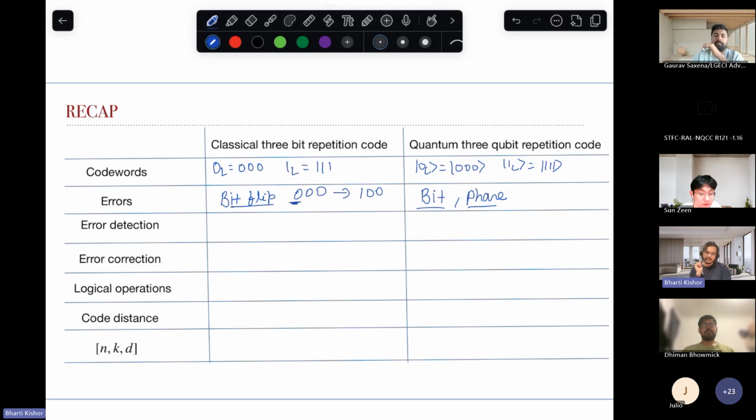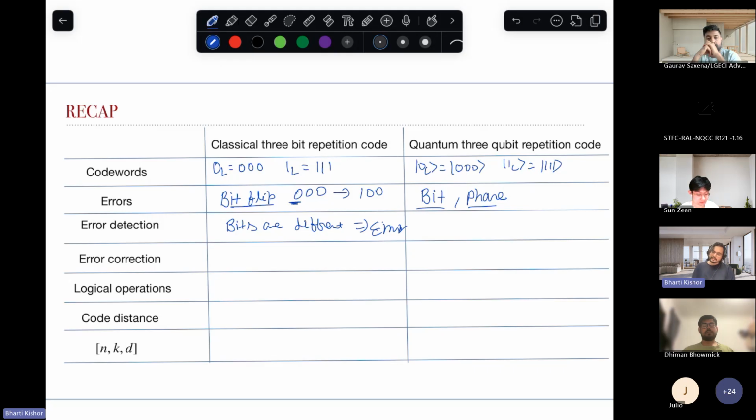For error detection in the classical case, we just looked at whether the bits are different. If the bits are different, that means some error has occurred.